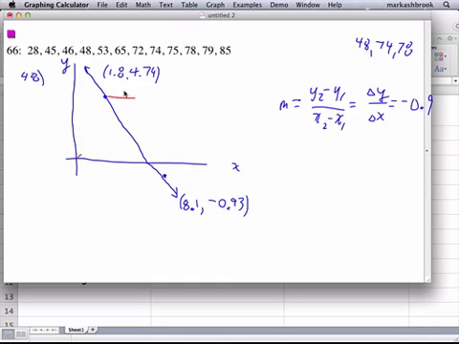They're saying go from 1.8 to 5, and they say represented on the graph? It's represented as a horizontal line from 1.8 to 5. What is that change in x? 3.2.